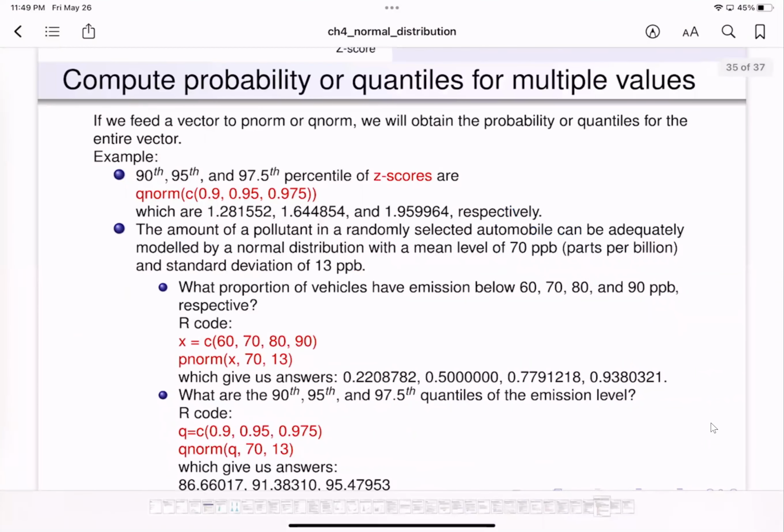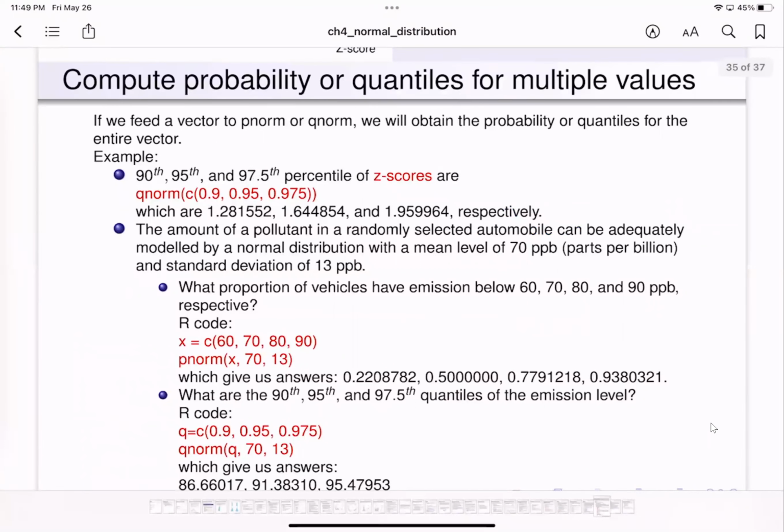Computing probabilities or quantiles for multiple values can be done directly in one command. In the previous couple of slides, I was always computing just one probability or one percentile at a time. These can all be done with multiple inputs.